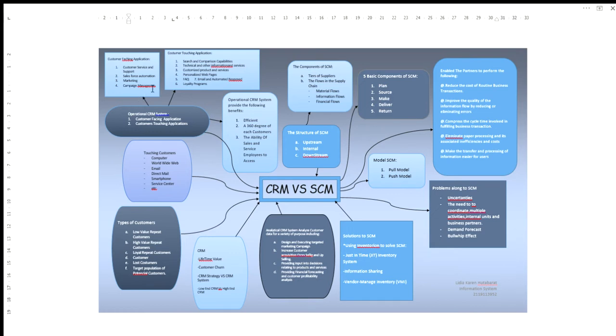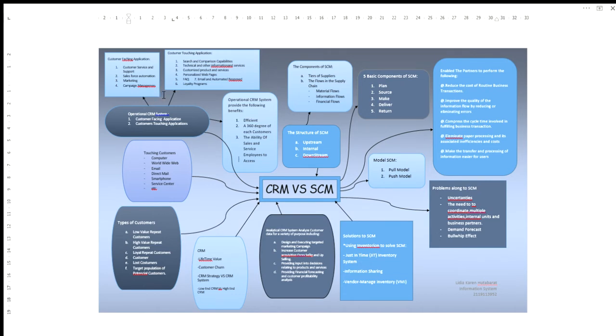And four, campaign management. Campaign management is carried out in the form of attractive promotions, for example, buy two get one free, or buy something and get a 20% discount with a certain minimum spend, and many more.